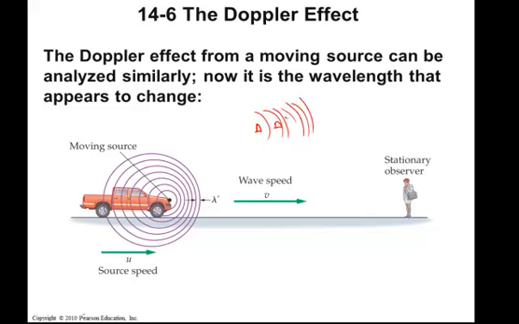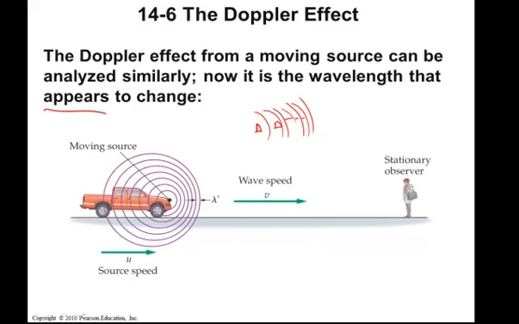So it looks to me as if those wavelengths get smaller. And because the wavelengths get smaller, the frequency appears to be higher as it's coming toward us. So the wavelengths don't actually change, and the frequency doesn't really change, but it appears to change because those wave fronts get compressed together.